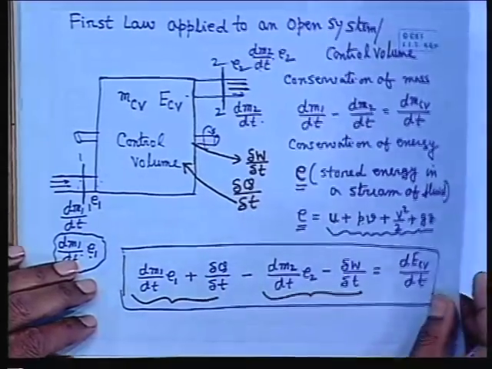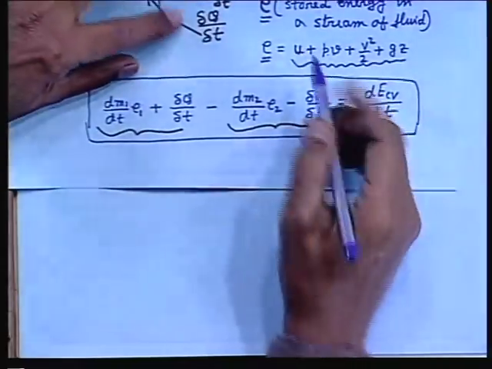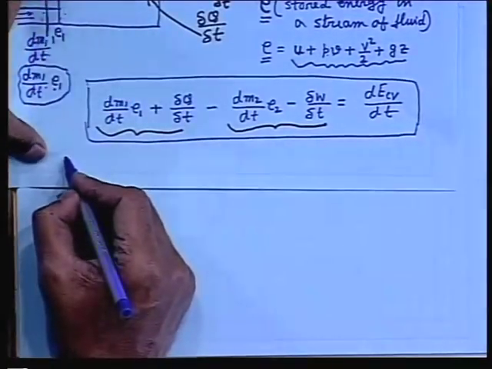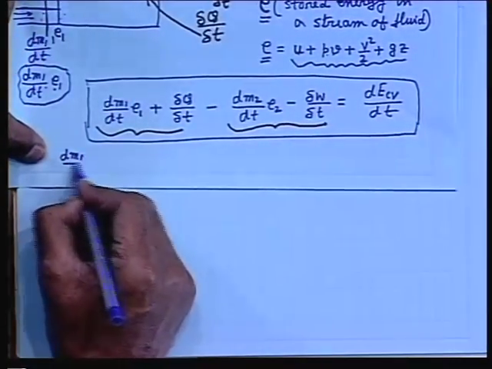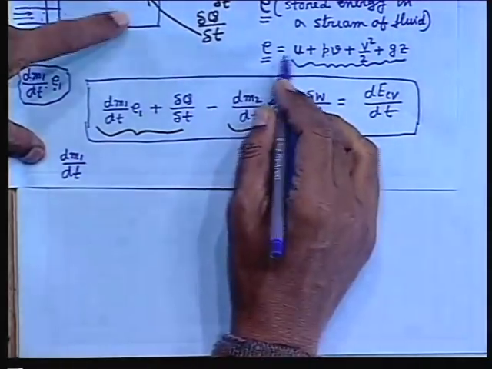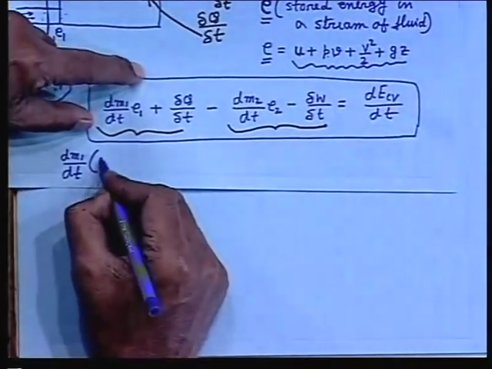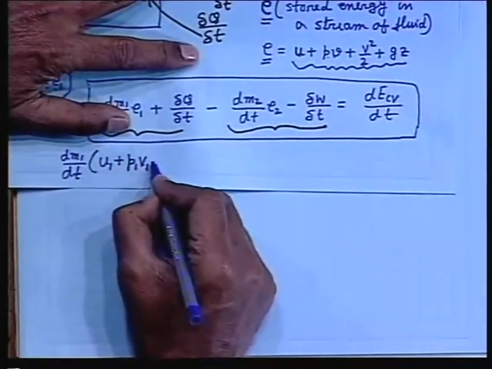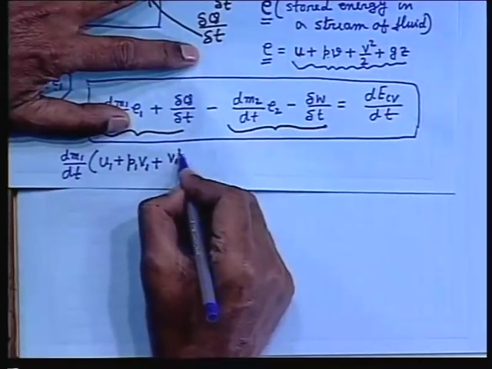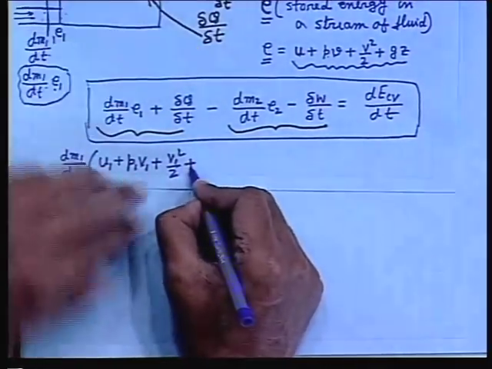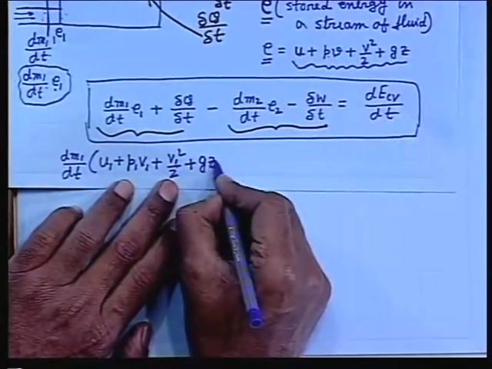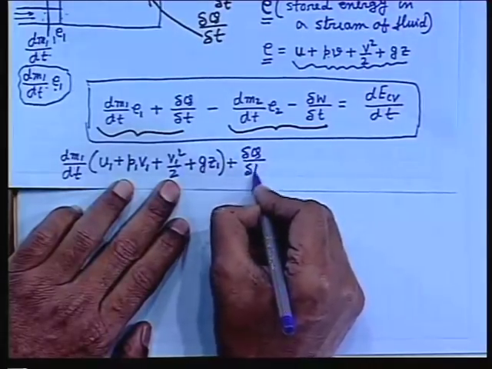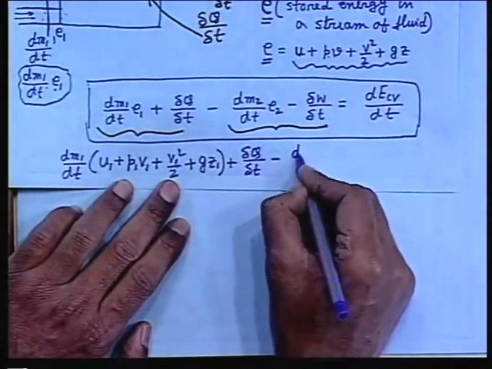Now if we split this in terms of these, then we get dm1/dt, you can see this one, no? U1 plus P1 v1 plus V1 square by 2 plus gz1, plus del Q/del T, minus dm2/dt.